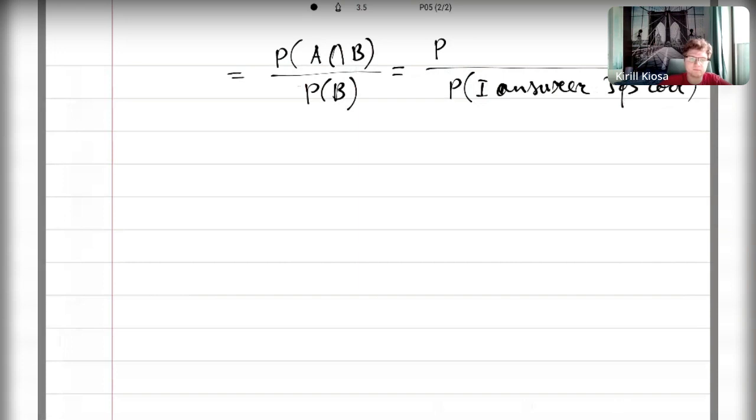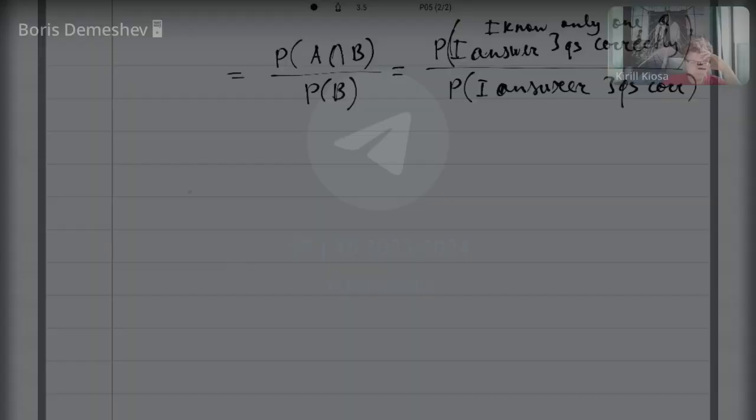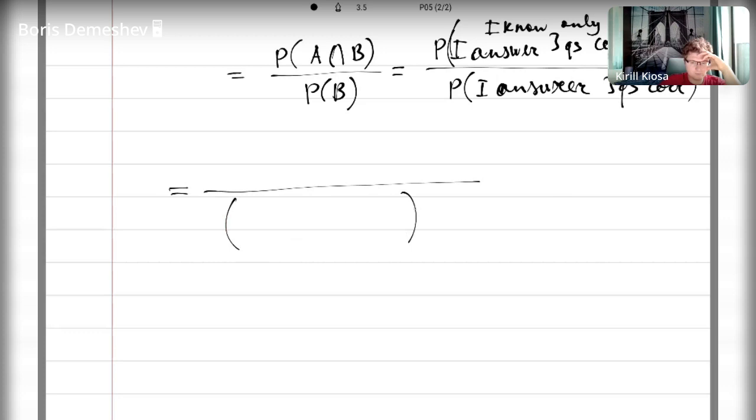And in the denominator, I have the probability that I answer 3 questions correctly. Okay, so in the denominator, we already know the answer is 0.7 plus 0.3 times 1/3.